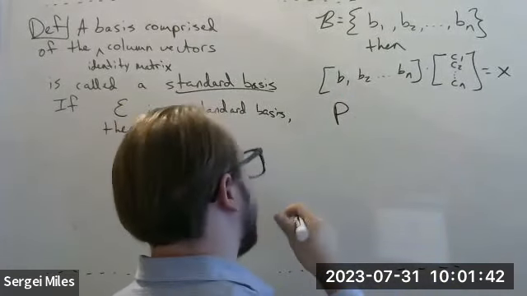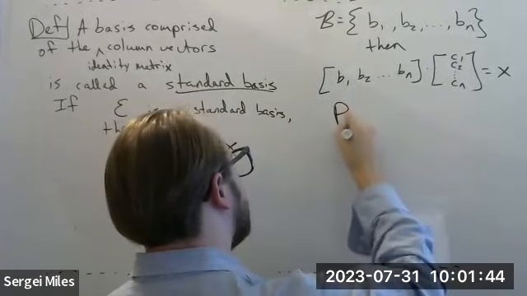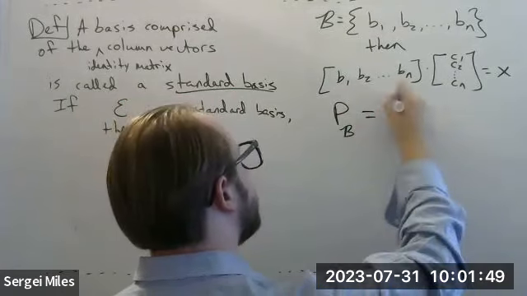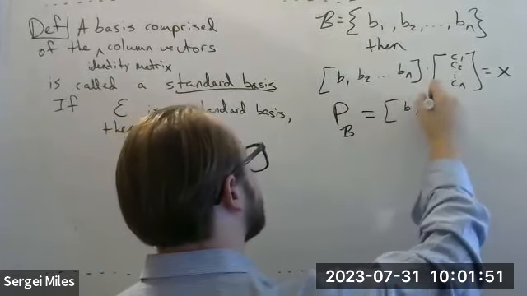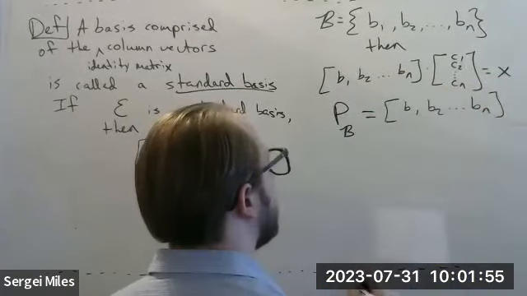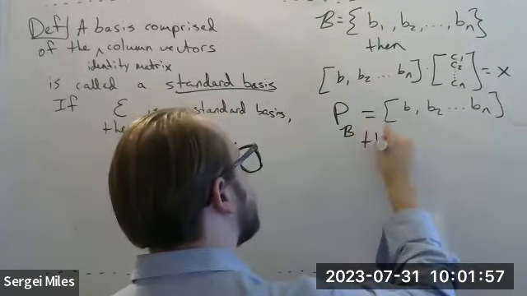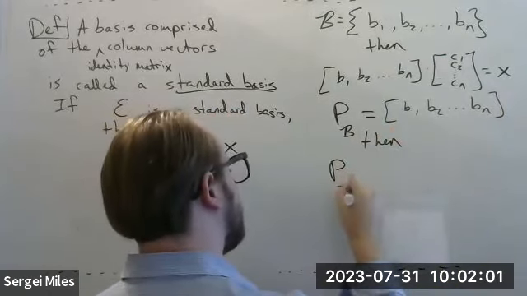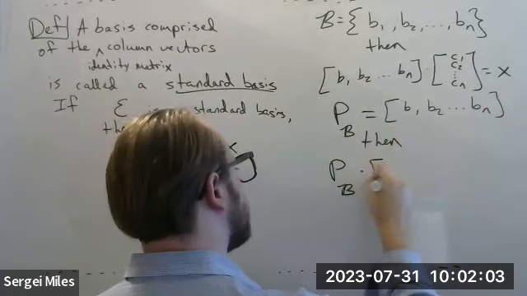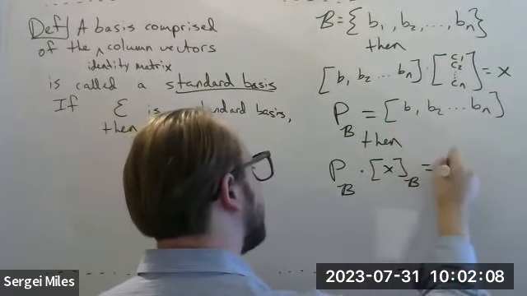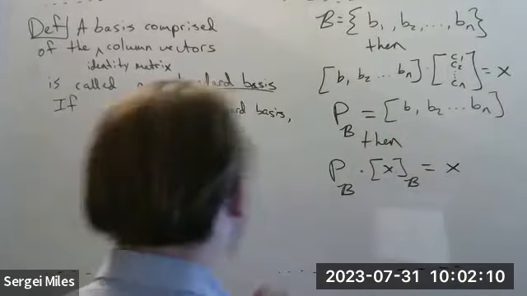So I'm going to use capital P sub B. This is going to be the matrix which is constructed from my basis vectors. Okay? Then what can we write? Well, then we can write P_B times x in terms of B equals x.